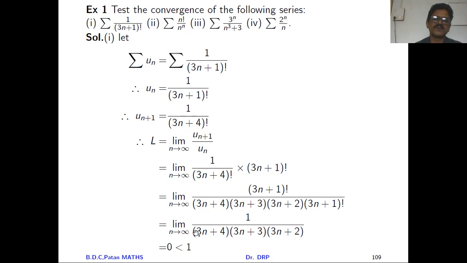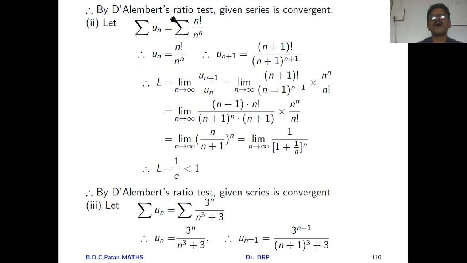As n tends to infinity, the numerator is a constant and the denominator tends to infinity, and 1 upon infinity is 0. So this limit is less than 1, and by D'Alembert's ratio test, the given series is convergent.